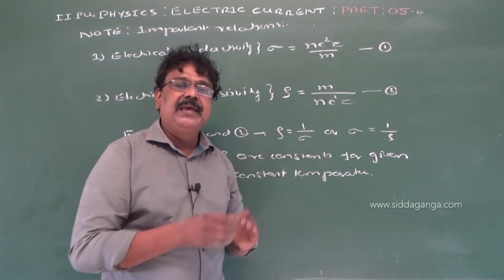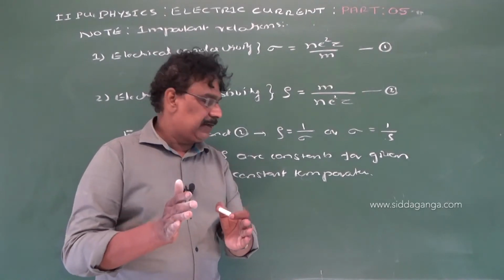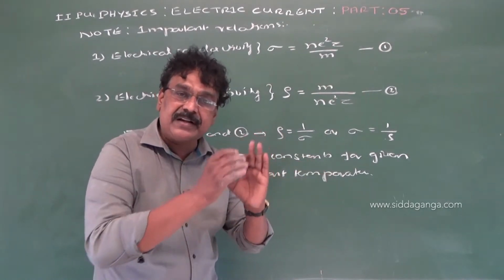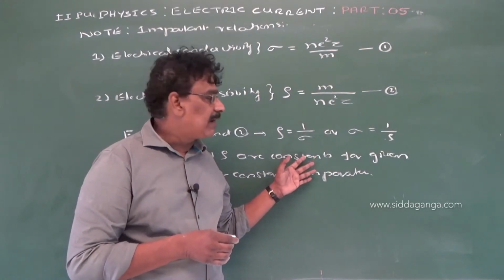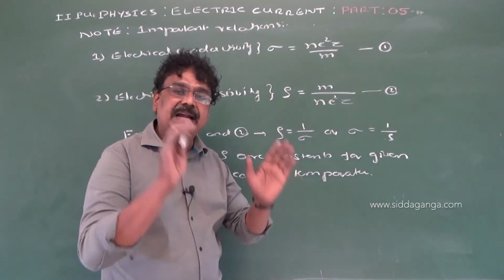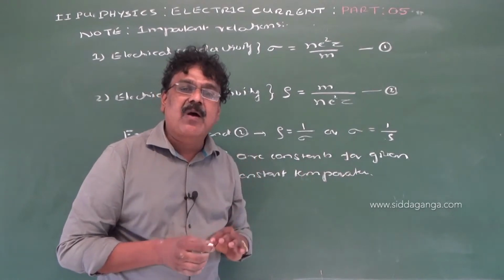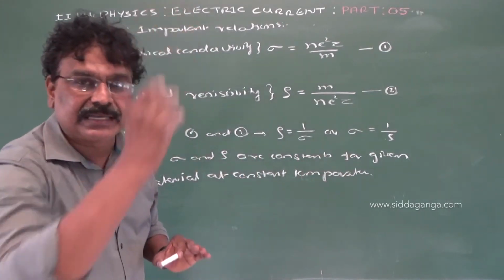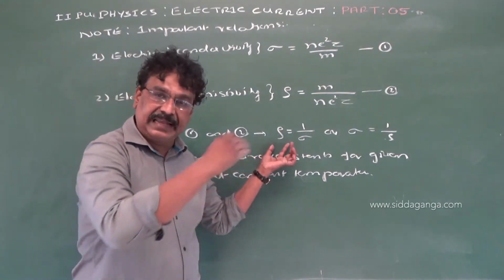And of course, it has different values for different materials. Among the materials, silver has the lowest resistivity and the highest conductivity. It is followed by copper and aluminum. We will discuss it later, when we discuss resistivity in detail.